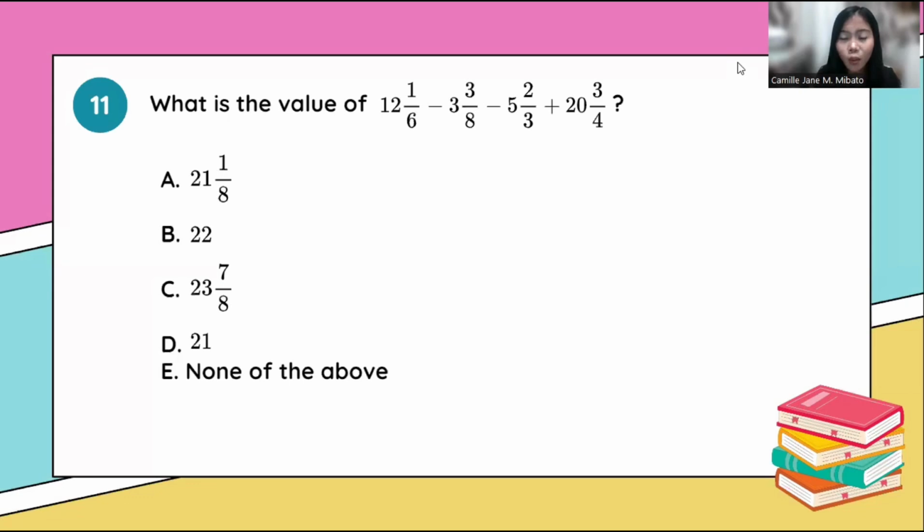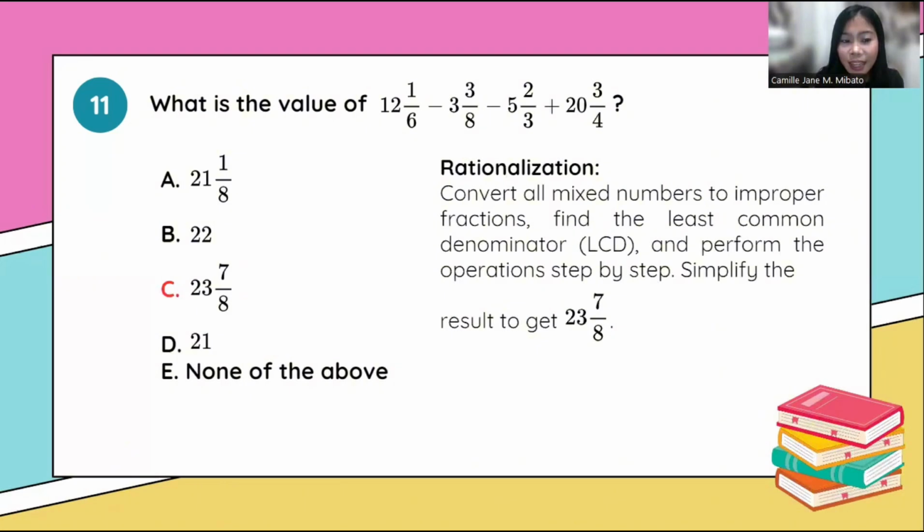D, 21, or letter E, none of the above. So you may use your calculator or you may solve it manually. So what do you think is the answer for question number 11? It's letter C, 23 and 7/8. So let's rationalize it.